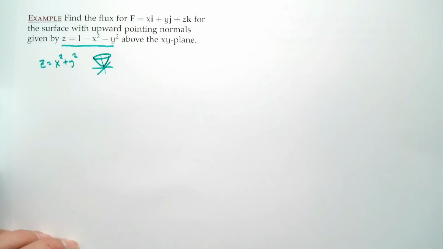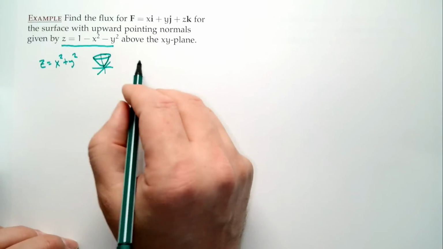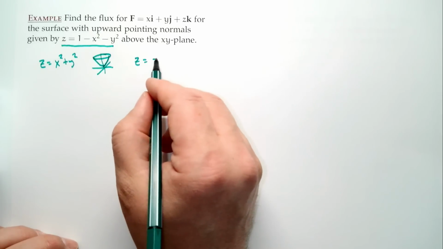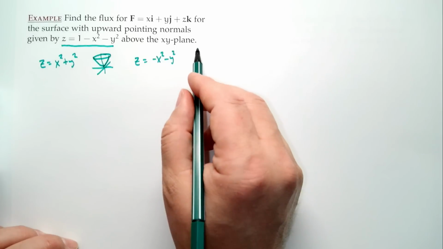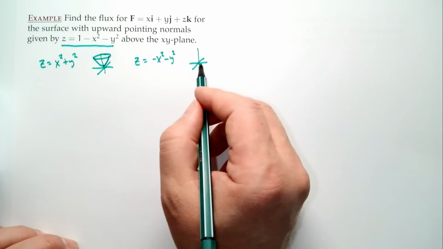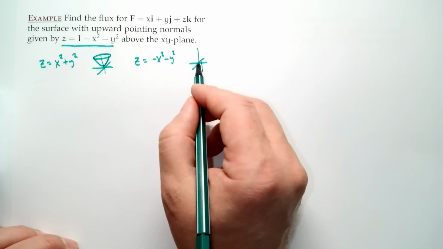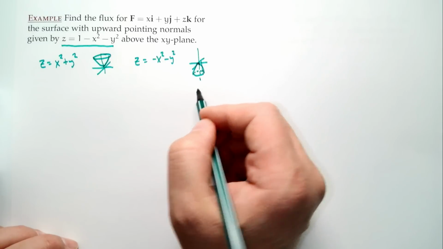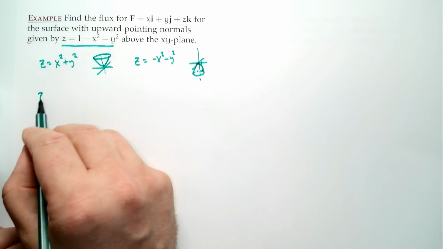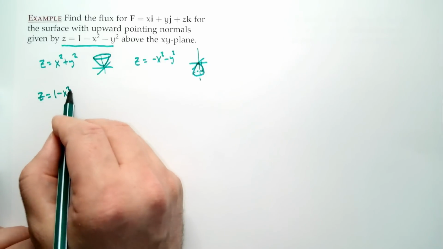So that's a bowl. Suppose I now make it minus x squared minus y squared. What does that do to my bowl? It flips it upside down. So now my bowl's down here. Okay. Now I add 1 to it. What does that do to my bowl?